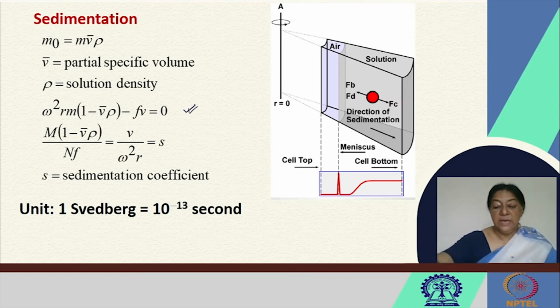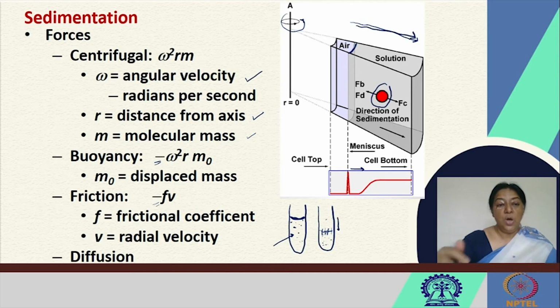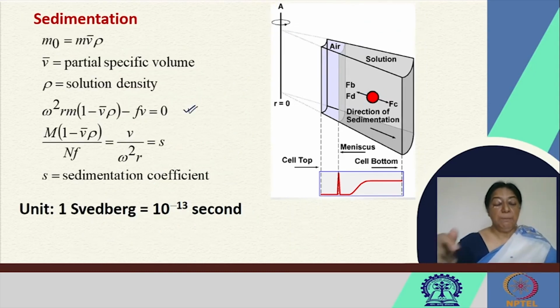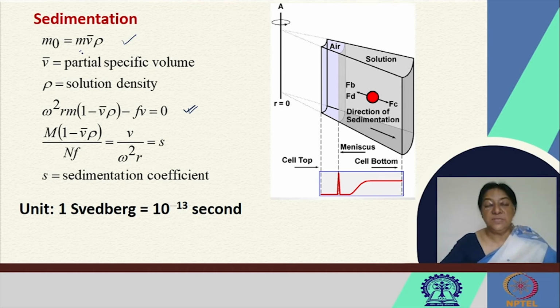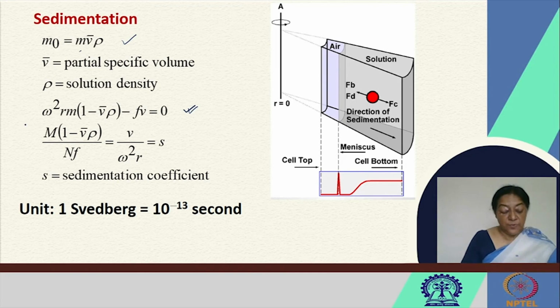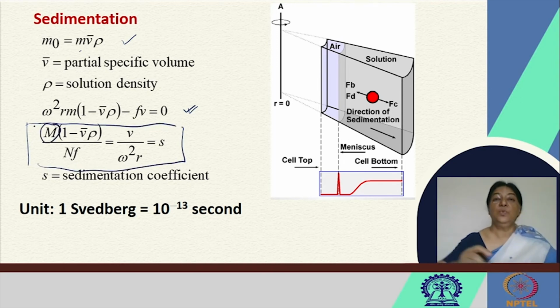In the previous slide, we saw the buoyancy, the specific displaced mass, which can be replaced by the partial specific volume and the solution density, with the product of the mass, the partial specific volume given in cc per gram, and the density. And the balance of the forces gives us this equation here that is important in finding out the molecular weight of our protein of interest.